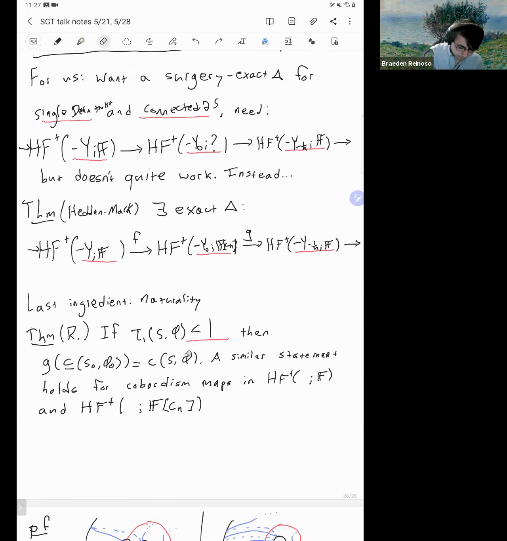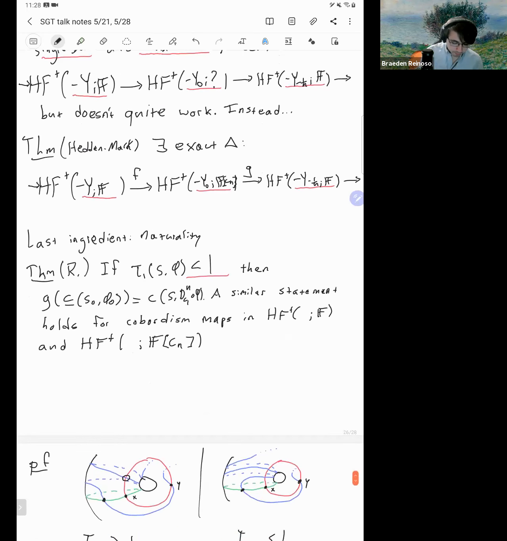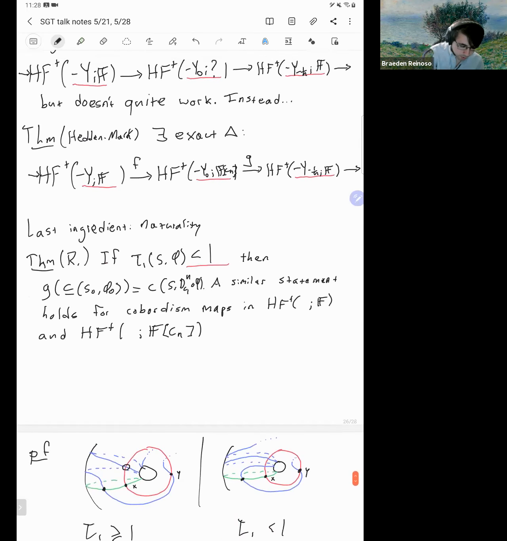Sorry, this should be with n Dehn twists. And this should be, in that case, not less than 1, but this should be less than, say, minus n plus 1. There we go.